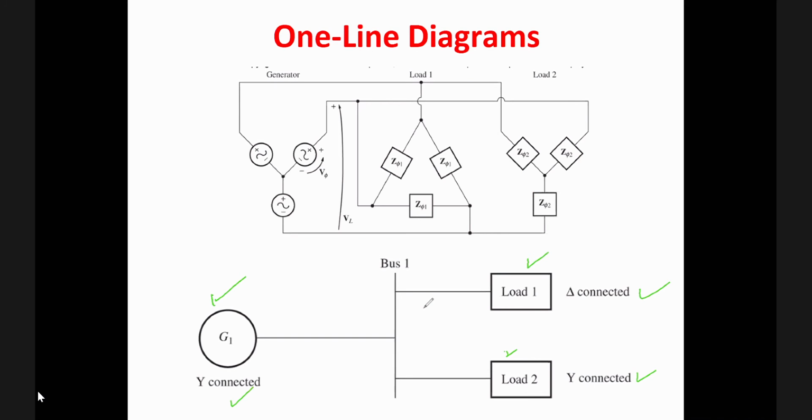It's the same information that we see in both figures. Y connected generator, delta load, and Y connected load, and both loads are in parallel because they are connected to the same bus. So load 1 is in parallel with load 2, and after that in series with the generator.